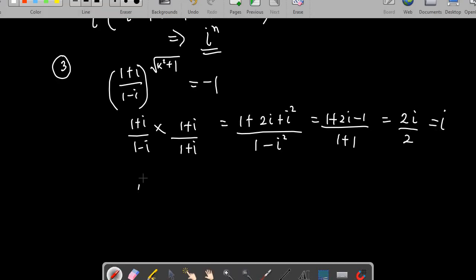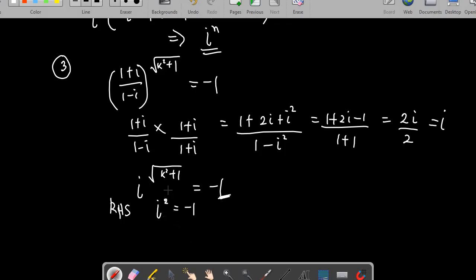So that's like saying i to the power of the square root of k squared plus 1 equals minus 1. This question is just asking: what is the lowest possible value of k for which, when you have i to the power of that, you will have minus 1? Then you ask yourself, this is very simple. On the right hand side, what can I raise i to that would give me minus 1? You agree with me that it is 2, i squared.